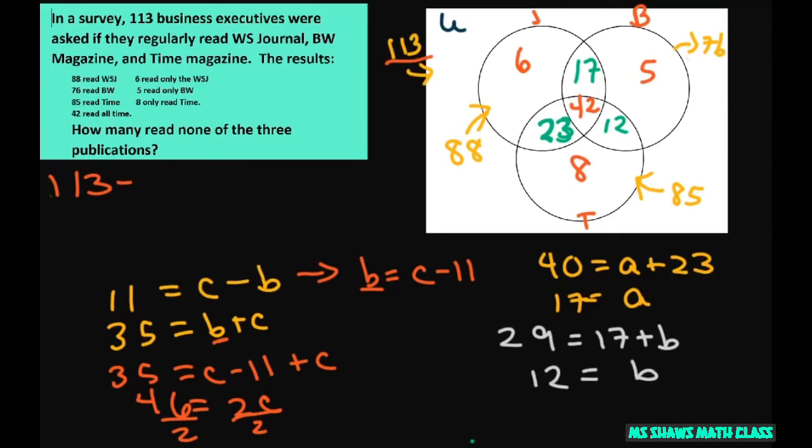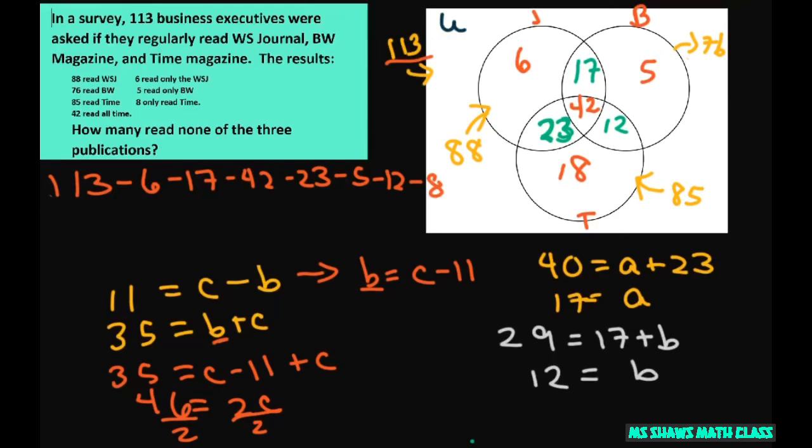So minus 6, minus 17, minus 42, minus 23, minus 5, minus 12, minus 8. Let's see if I got them all. So 6, 17, 42, 23, 12, 5, yeah, and 8.